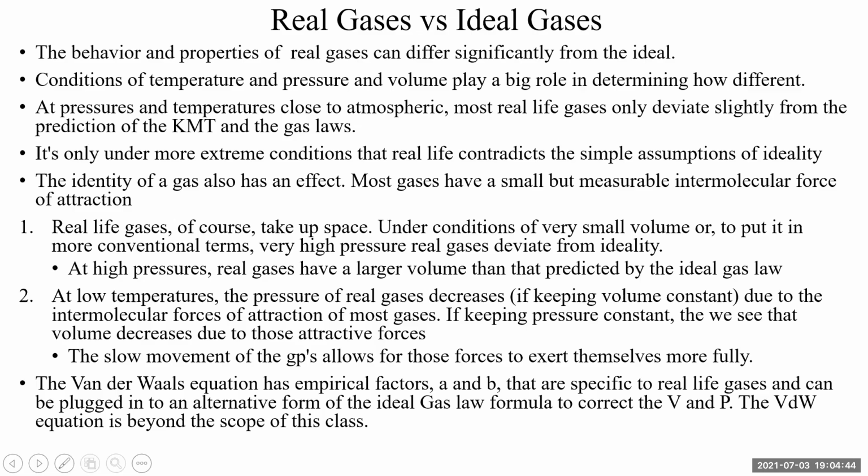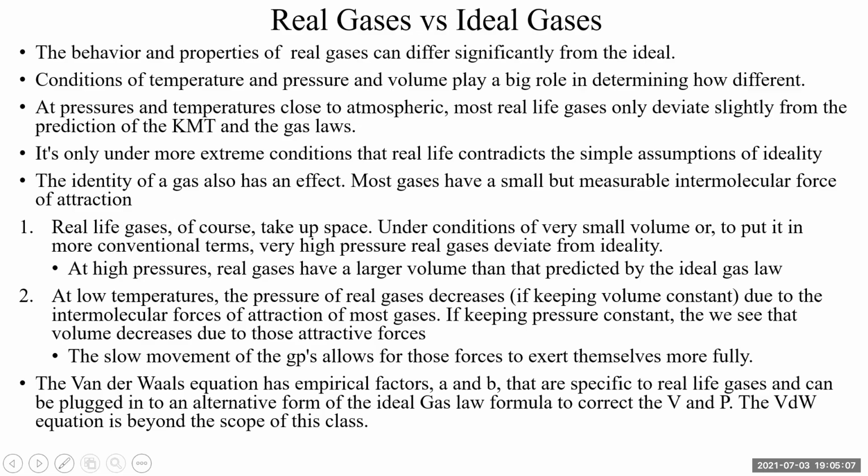At low temperatures, you're going to see the gas particles slow down. Remember, one of the ideal assumptions was that, and this one holds true, as you lower temperature, the kinetic energy of a gas, basically the speed of a gas, because the mass doesn't change, its velocity is going to slow down.